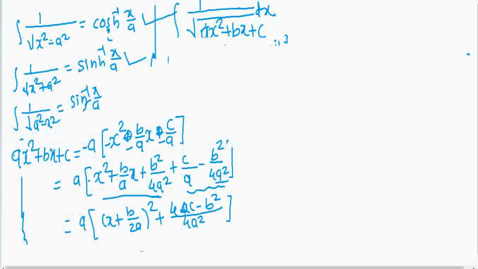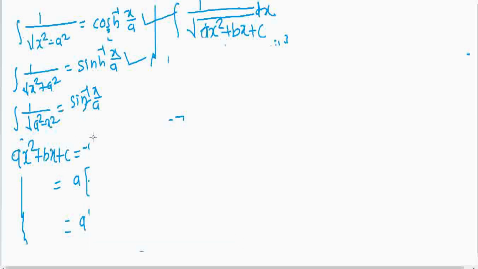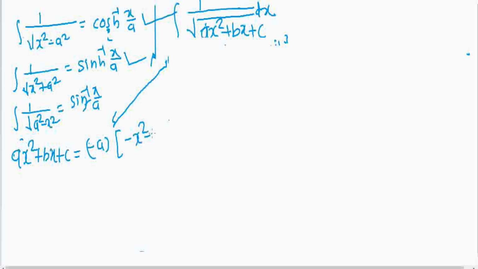Let me write it again, so that there is no confusion. We are taking minus a common. A is negative, so minus a will be positive, therefore we take minus a common. If we take minus a common, this will be minus x square minus b divided by a x minus c divided by a.